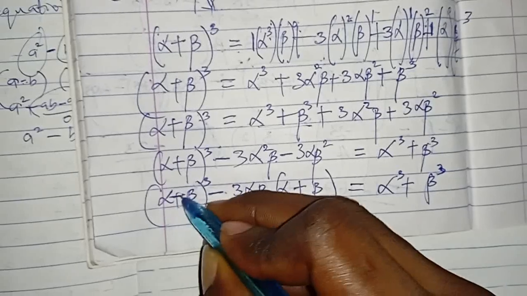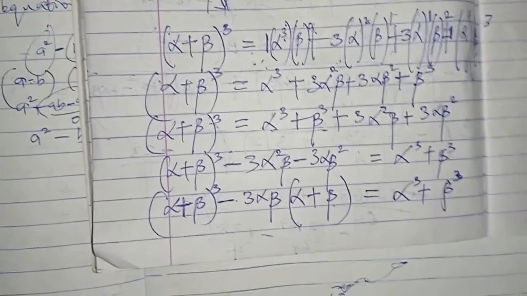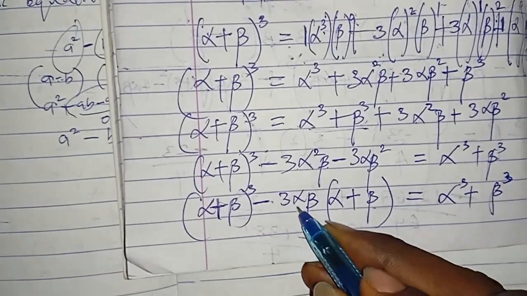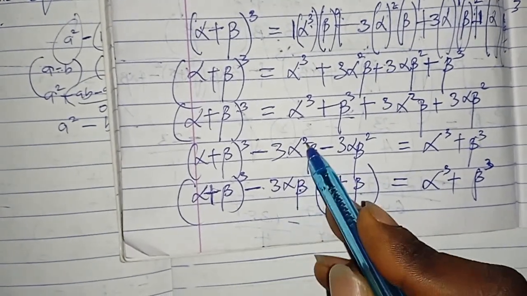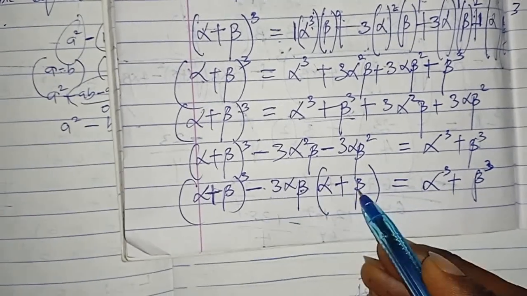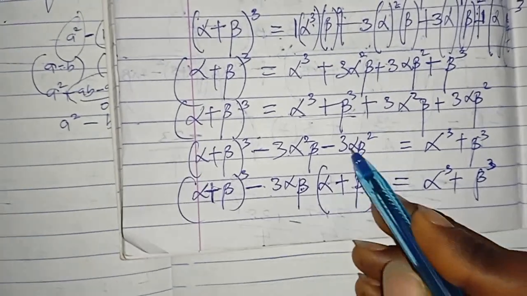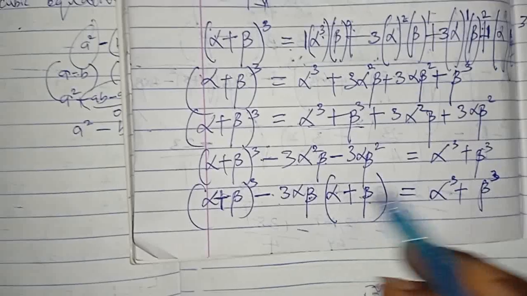So notice that what I have here now is 3 alpha beta. 3 alpha beta times alpha is 3 alpha squared beta. 3 alpha beta times beta is 3 alpha beta squared.